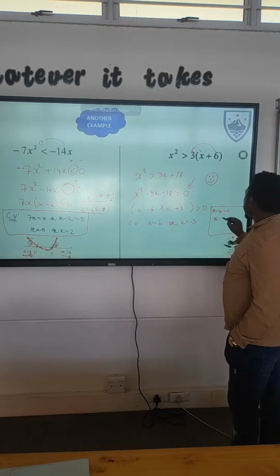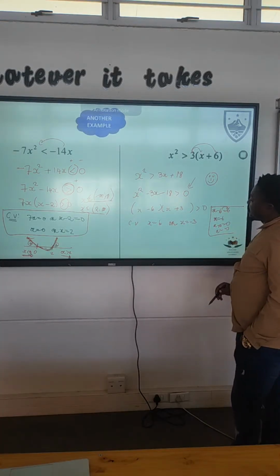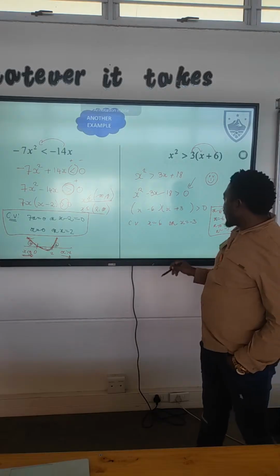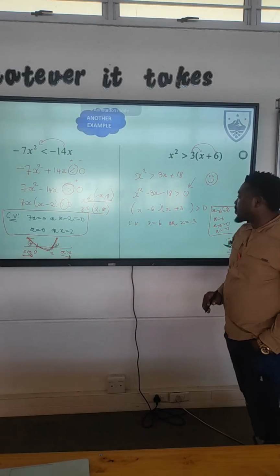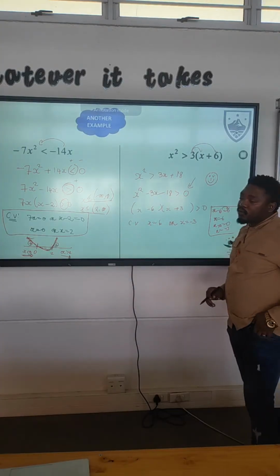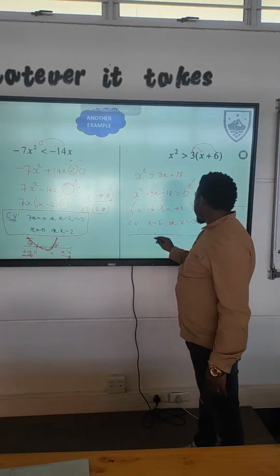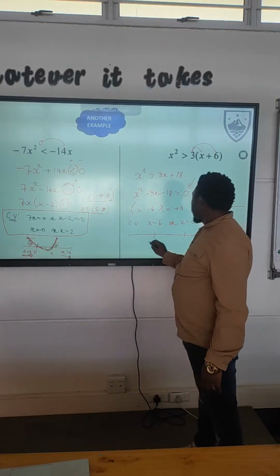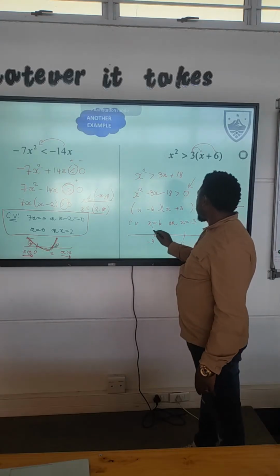So x minus 6 equals 0, so x equals 6, x plus 3 equals 0, so x equals negative 3. Even if this is not shown, and you write that the critical values are x equals 6 or x equals negative 3, we can then make use of the number line, which makes it much easier for us. So we have negative 3, which is the smallest one, and the biggest one, 6.